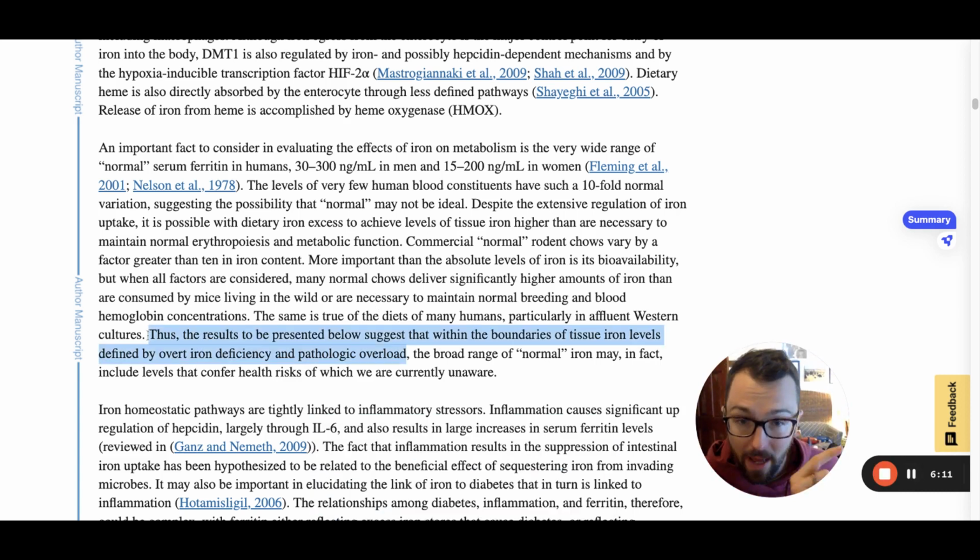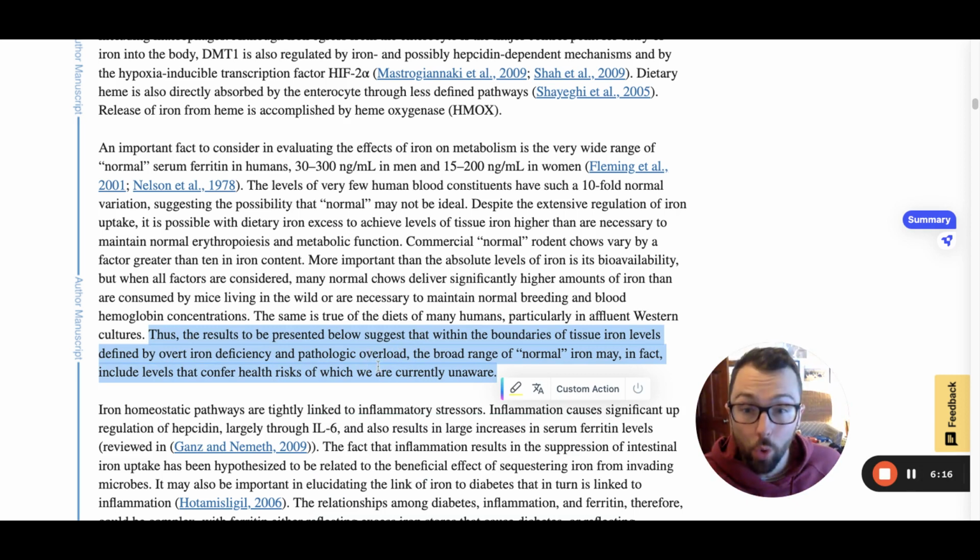And the paper acknowledges that just because it's called normal, quote unquote normal, does not preclude it from conferring negative health risks of which we aren't completely aware of. So as you can see, iron absorption is tightly regulated by our digestive system as well as our liver. Both have an intimate relationship with how our iron is absorbed into the body and how it is properly distributed.